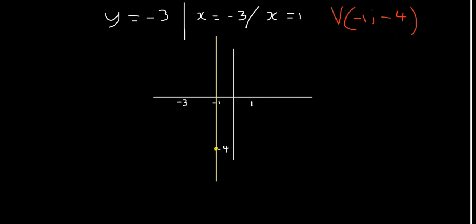This is the axis of symmetry. If you're looking for the axis of symmetry, it is this vertical line through the x value of the vertex point. Negative 4 in the y values and negative 1 in the x values, like here. Now that we've got the vertex point here, our graph will look like this. It will pass negative 3, and then here, this is our turning point. It will just go like this.